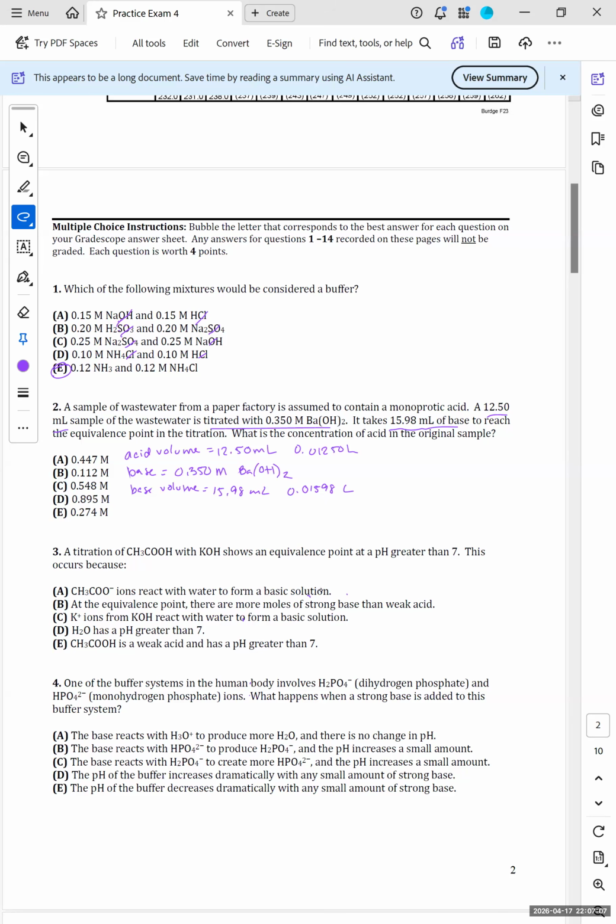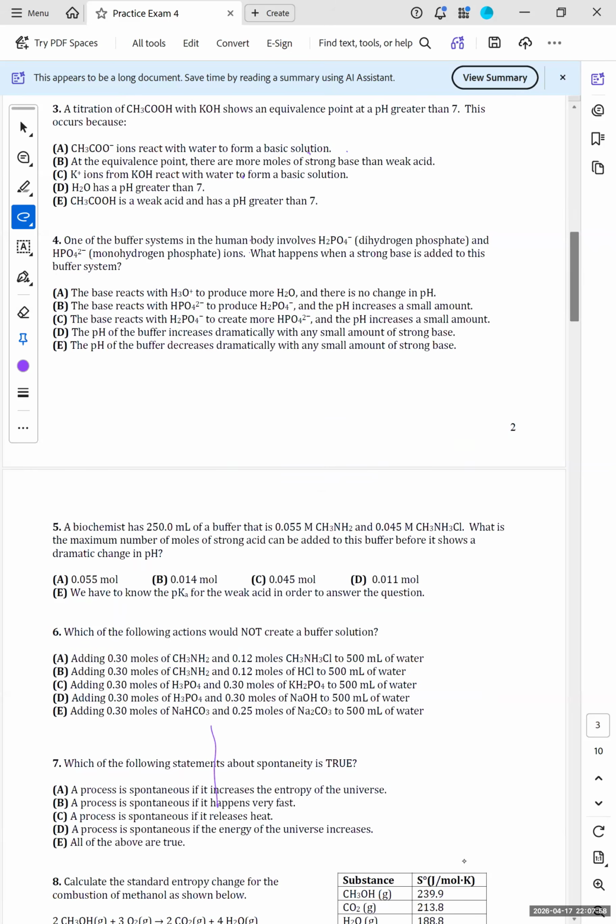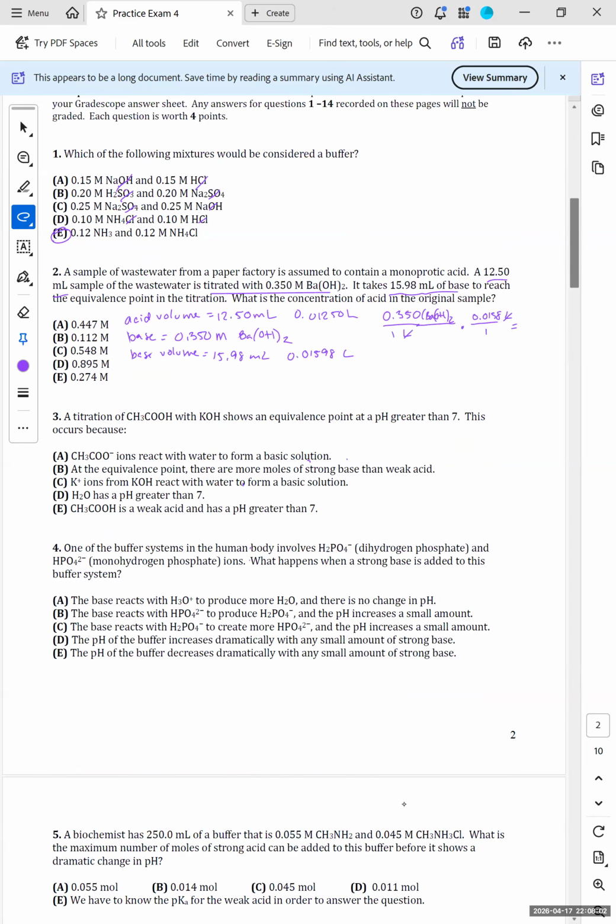First step, cancel out my liters. I'm left with my moles. So doing the math there, that should equal.